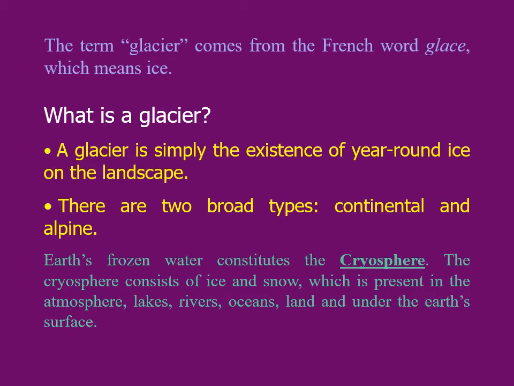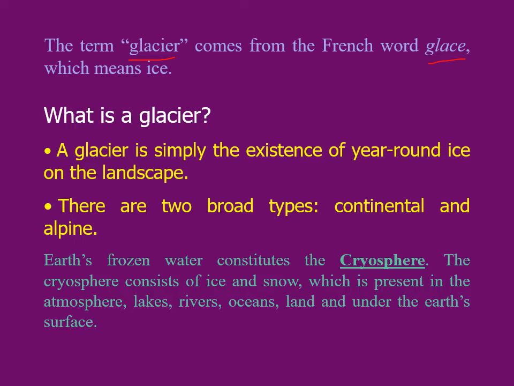If we try to find the origin of the term glacier, it comes from the French word glace, which means ice. From that French word, the English term glacier came into use.